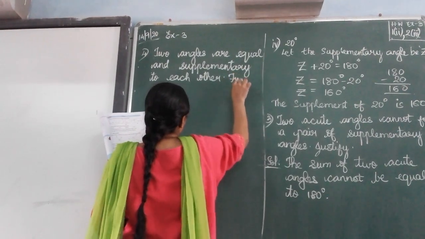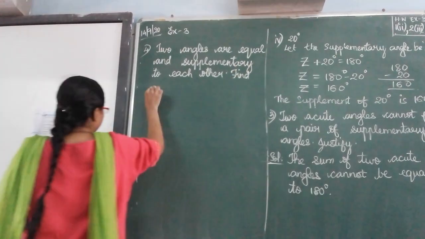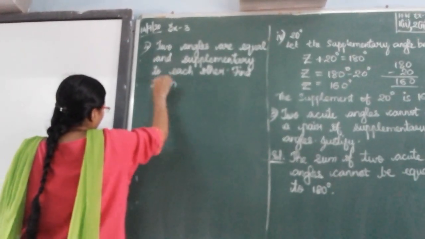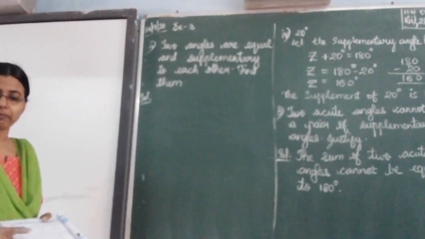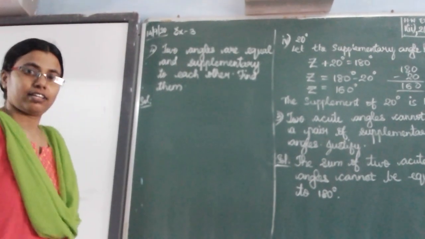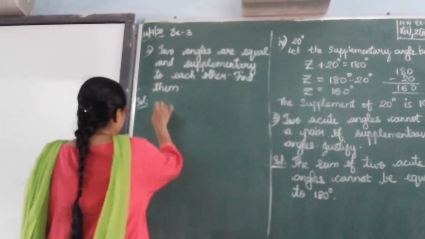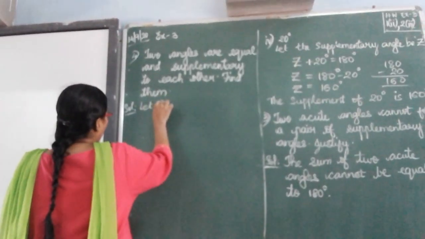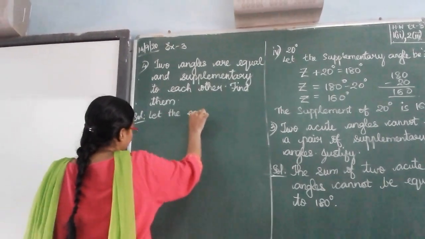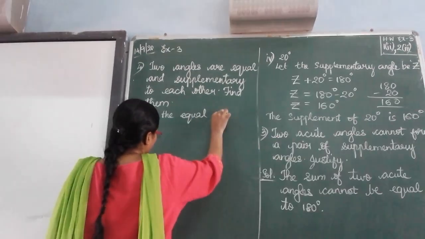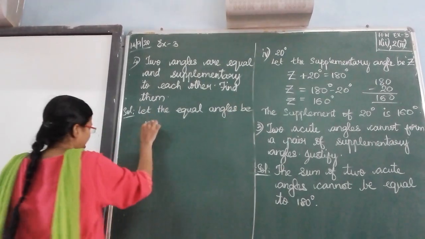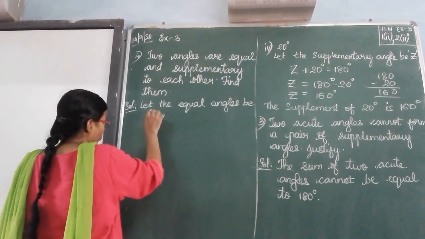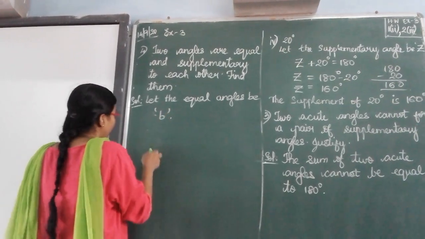Find them. How will you do? In the previous exercise also we had a similar problem like this. Yes, we have to take x. Let the equal angles be, I will take b. My variable now is b. You can take any other variable.